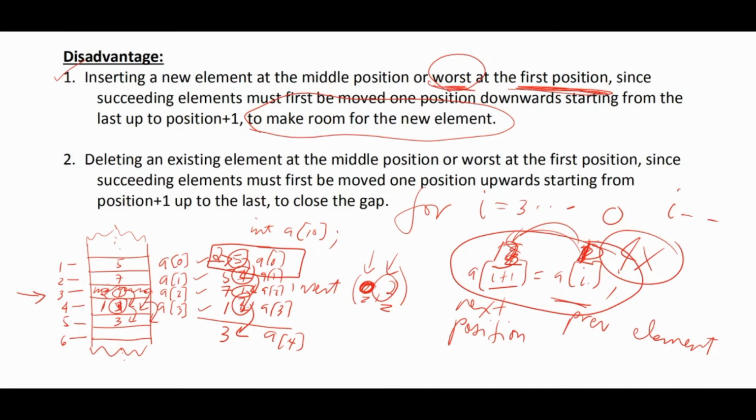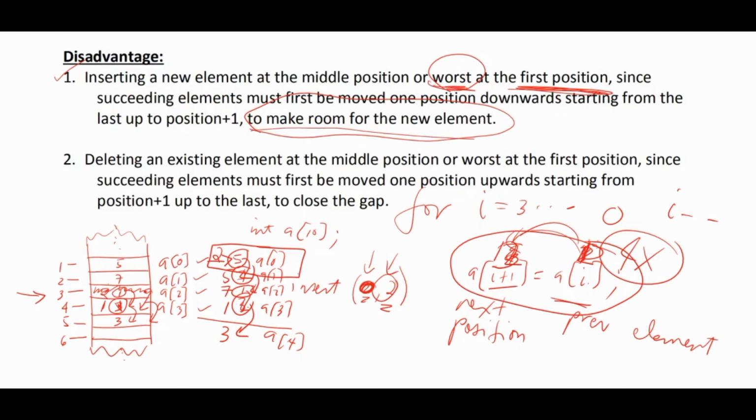When you insert at the middle position, or worst at the first position of the array structure, many elements are needed to be moved so that you can make room for the new element to be inserted.